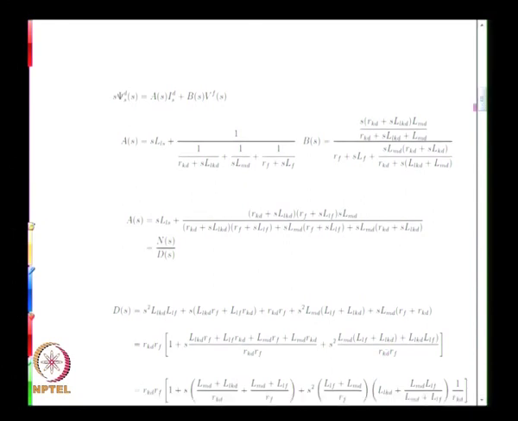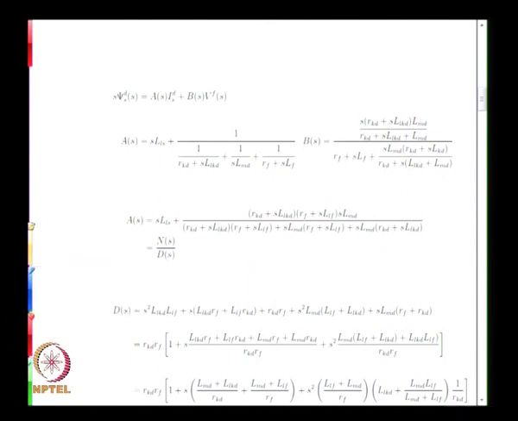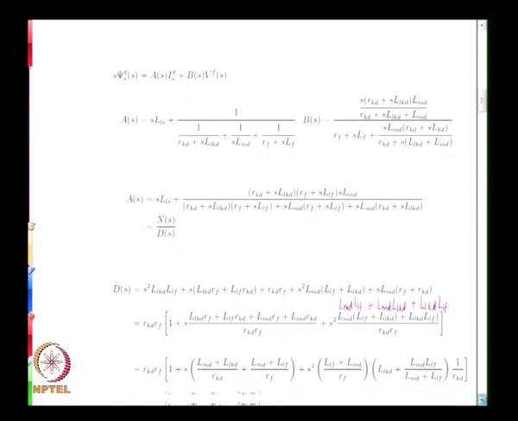Now, this term can be written as LMD into LLF plus LMD into LLKD plus LLKD into LLF, that is what this expands into.